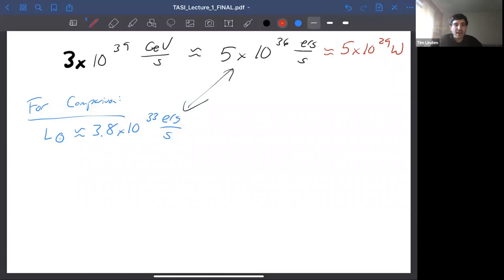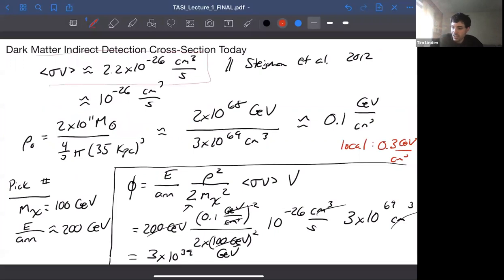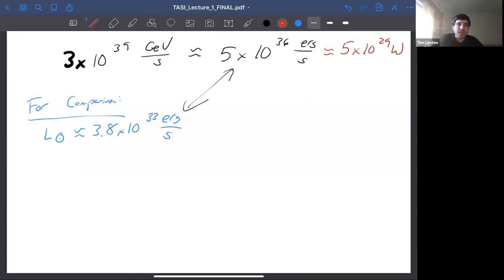So that motivates the fact that, at least in this thermal WIMP scenario with this cross section, which will be motivated in the next lecture, you could potentially see this dark matter annihilation signal. And what's important is that this does not need to be true.